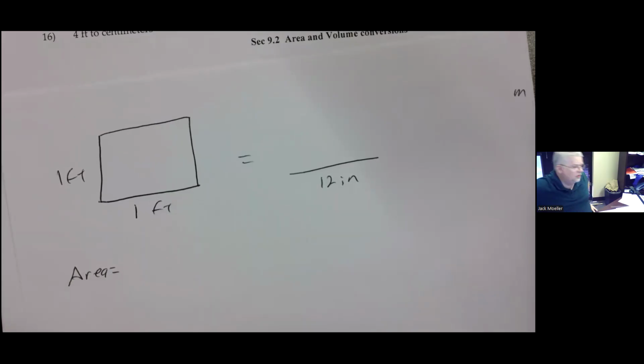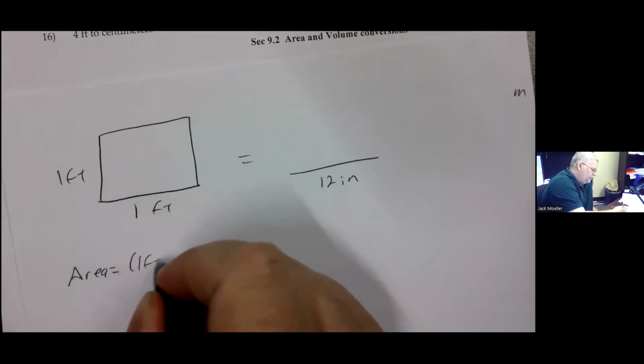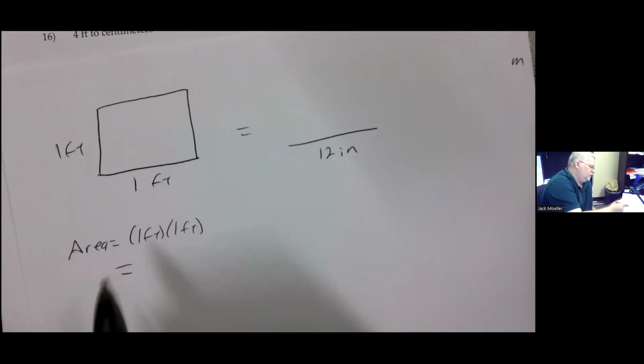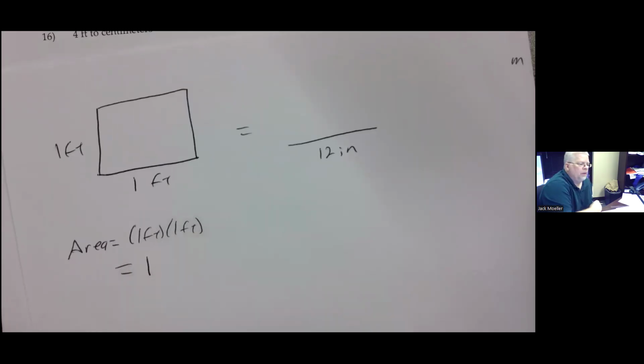This is a little bit of a preview for the geometry chapter. How do we find the area of a square or a rectangle? It's length times width, base times height, whichever you prefer. It's 1 foot times 1 foot. What is 1 foot times 1 foot? Well, 1 times 1 is 1. But what is feet times feet?